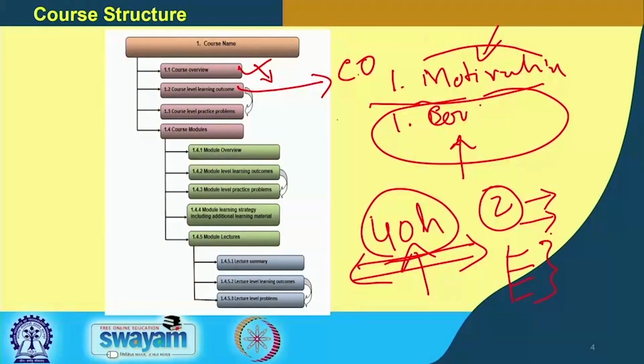Whether it will be 5, 6 or 4 depends on how much time is required to develop a particular CO. If I say generally there are 5 COs, that means the average number of lectures required for development of each CO is 8, 40 divided by 5.